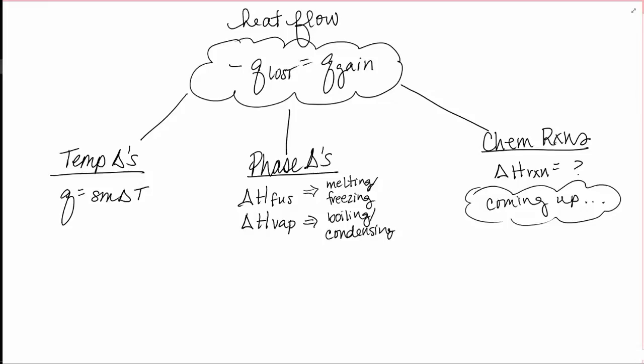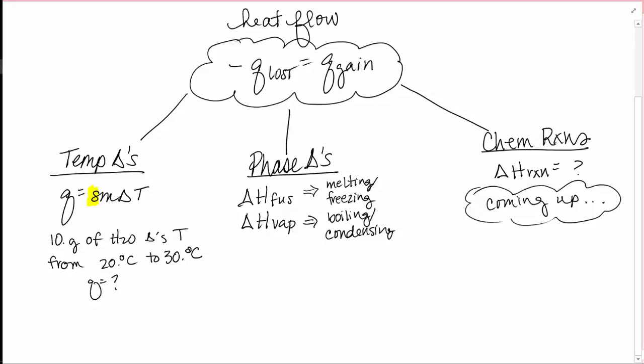There are certain things when we deal with temperature changes that we have to look up, like specific heat, or we memorized it for water. And so we can do problems like 10 grams of water changes temperature from, say, 20 degrees Celsius to 30 degrees Celsius. And we can ask ourselves, what is Q?